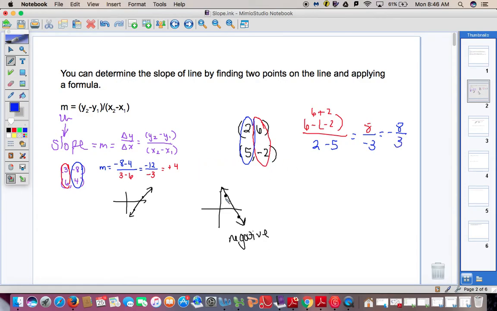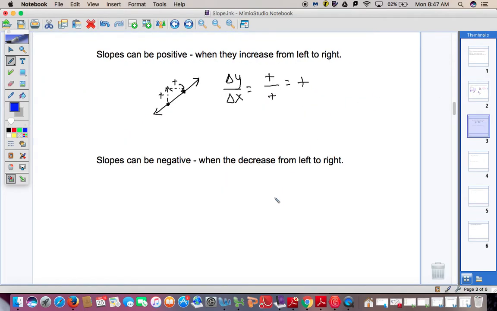Well, what that means is that to get from this point right here to this point down here, I'm going to have to go down 8 units and to the right 3 units. Okay, so I have a negative slope because I'm going down. And remember, down means negative. We're going in a negative direction. Okay, so slopes can also be negative when they decrease from left to right.